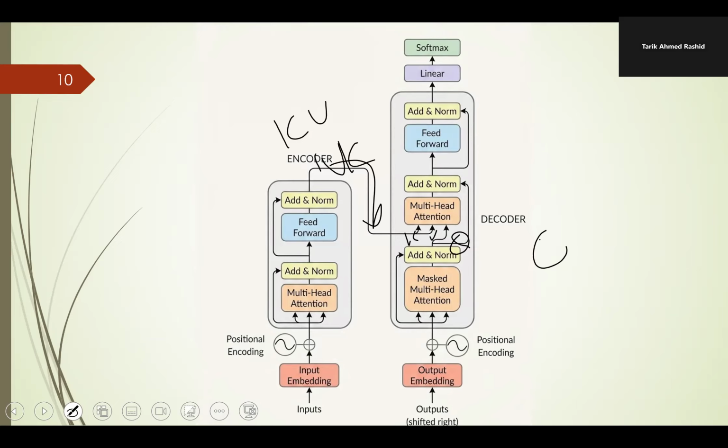So Q from the decoder, and K and V from the encoder.